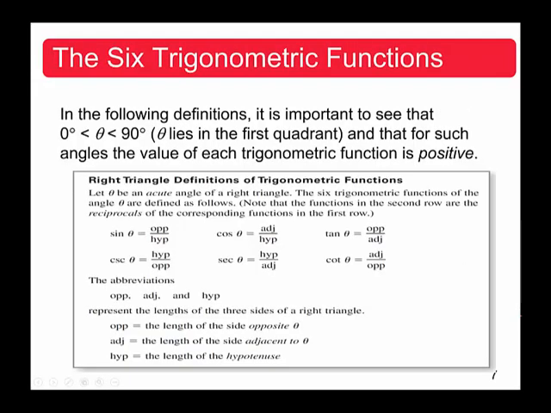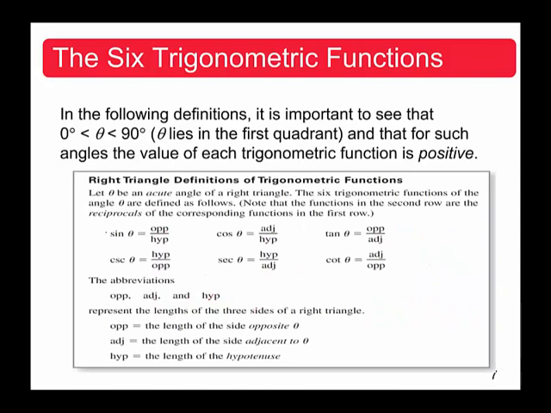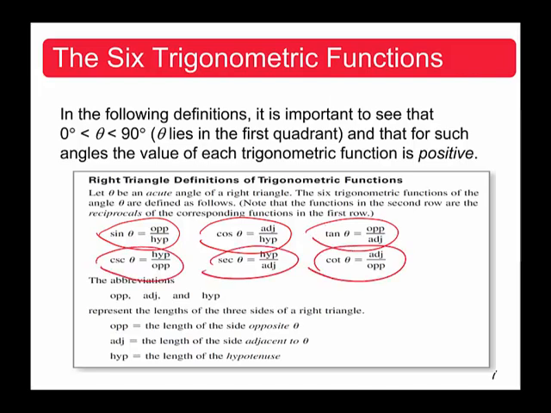And now let's look at the right triangle definition of the trigonometric functions. We already listed all those different definitions here. Sine theta equals opposite over hypotenuse, cosine theta is adjacent over hypotenuse, then tangent theta, cosecant theta, secant theta, and cotangent theta.